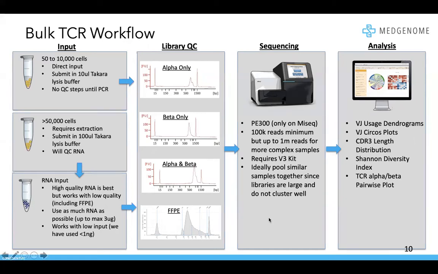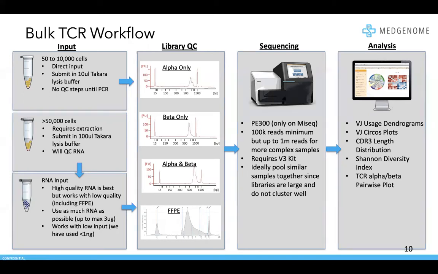And then one other thing to mention for sequencing is that ideally we want to pool similar samples together when sequencing. So keep the TCR samples together, keep non-TCR samples together. Because these libraries are so large and they have a lot of PCR artifacts that won't exactly cluster, it's hard to say how well these will cluster, and it's hard to predict how much data they'll actually generate.